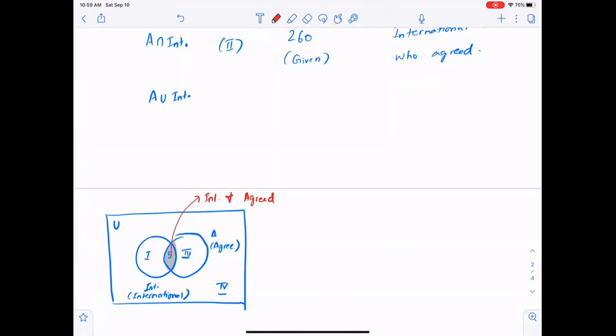So that, and region 3 would include all people who agreed. First region, all international travelers. Oops, it's not working.